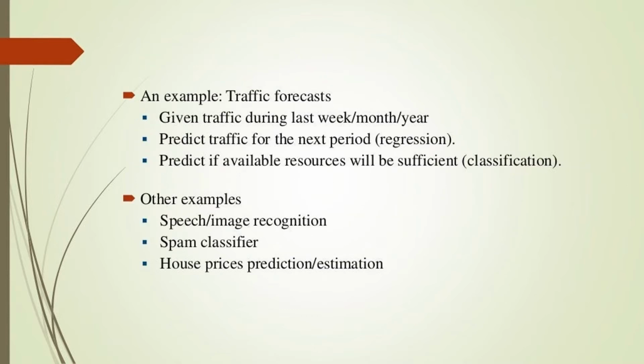An example is traffic forecast: given traffic during the last week or month or year, predict traffic for the next period. Predict if available resources will be sufficient. Classification. Other examples: speech and image recognition, spam classifier, house price prediction or estimation.